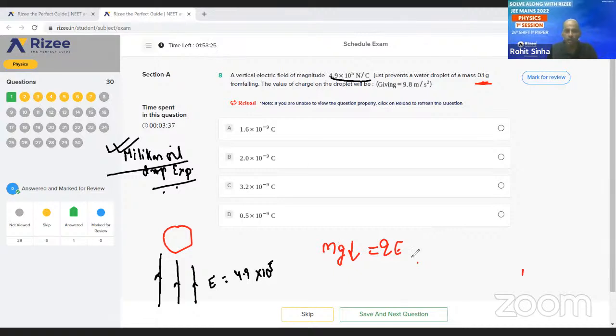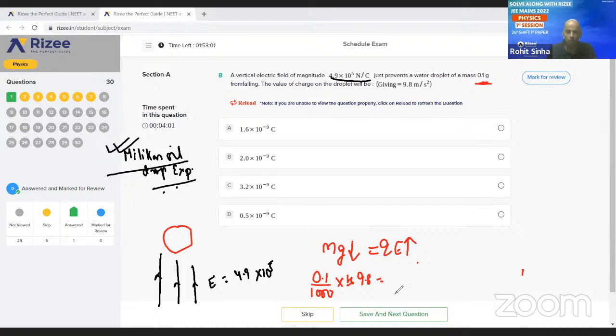What can we do here? They are balancing each other. Now we can put in the given values. The mass is given as 0.1 gram, so we put it in SI by dividing by 1000, into g, take 9.8.